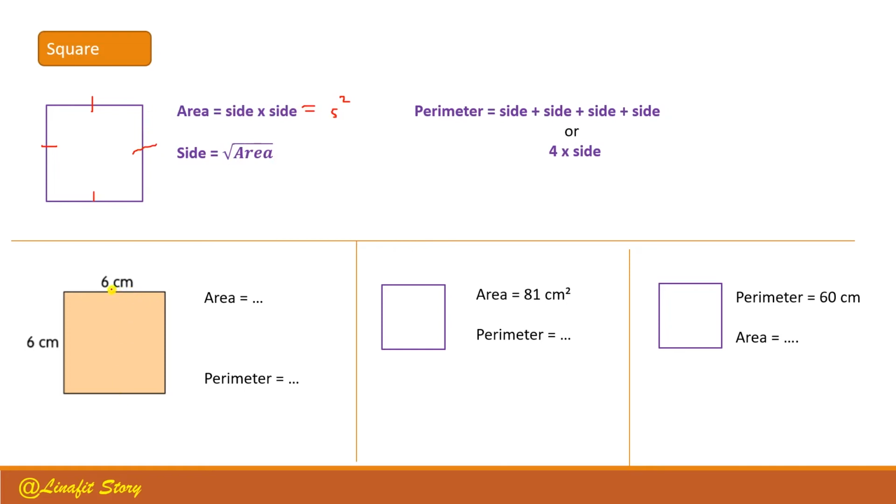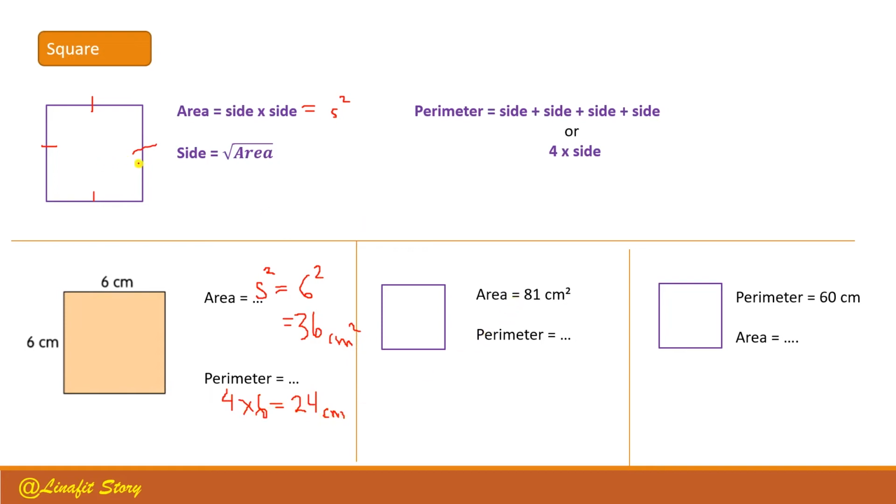The length of this square is 6 cm, so the area is side times side, or side squared. 6 squared, 6 times 6 is equal to 36 square cm. To get the perimeter, it is 6 plus 6 plus 6 plus 6, or 4 times 6, which is equal to 24 cm.